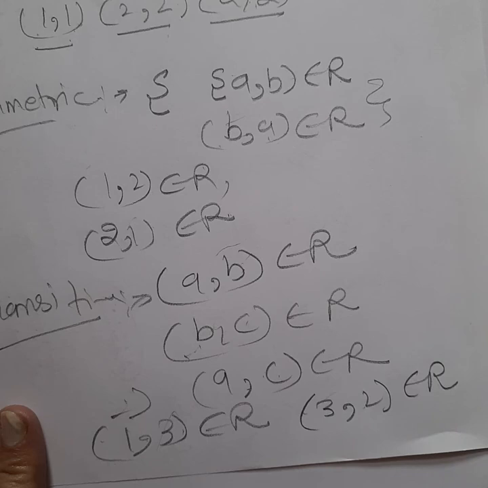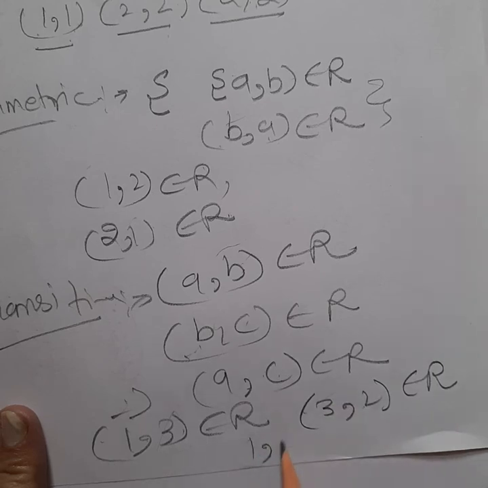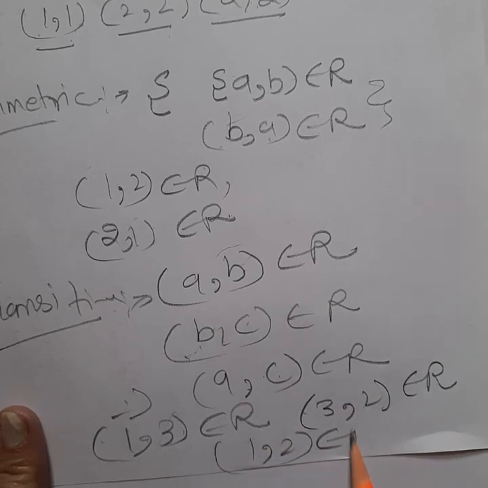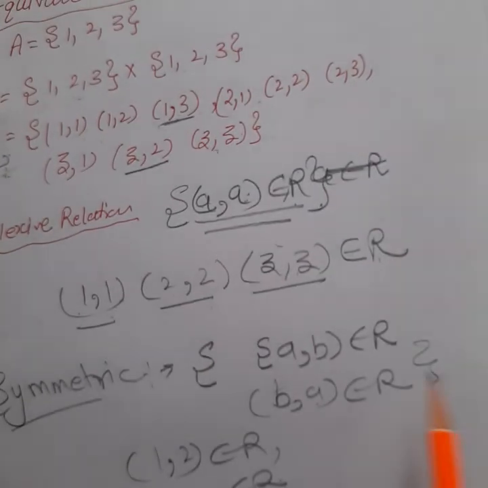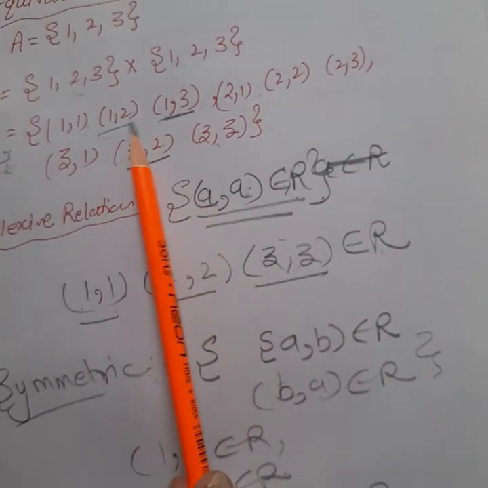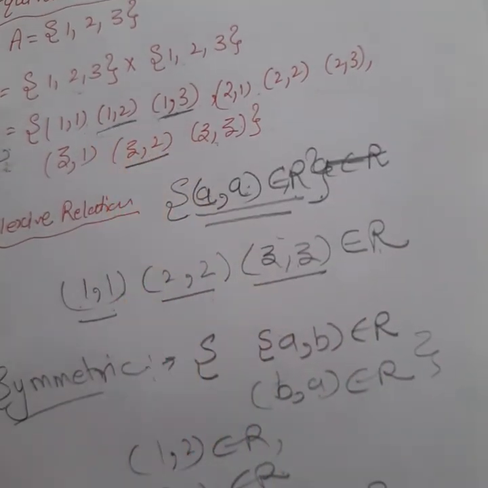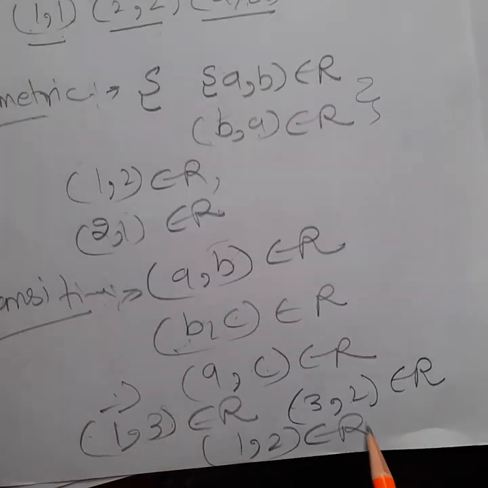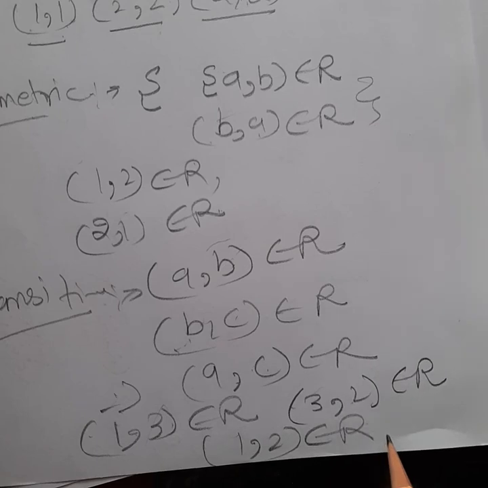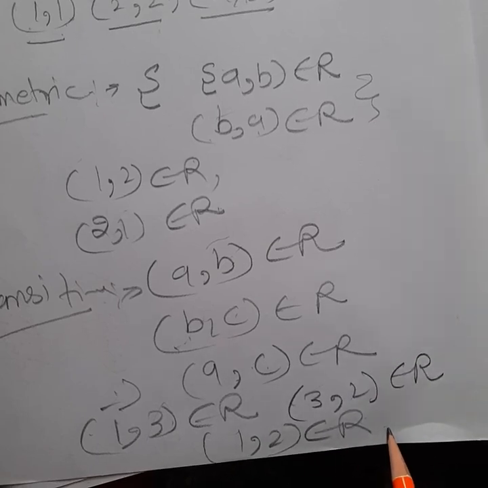By cancelling b in both the braces, we have (1,2) also belonging to R. Okay, you can check that (1,2). Yes, we have (1,2). Then (1,2) belongs to R. It means this relation covers our transitive property.